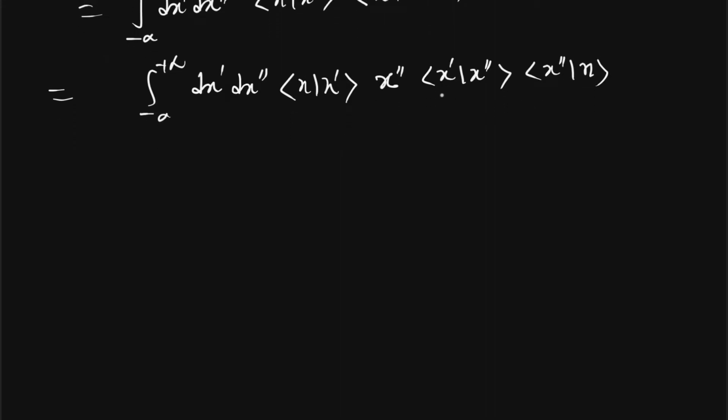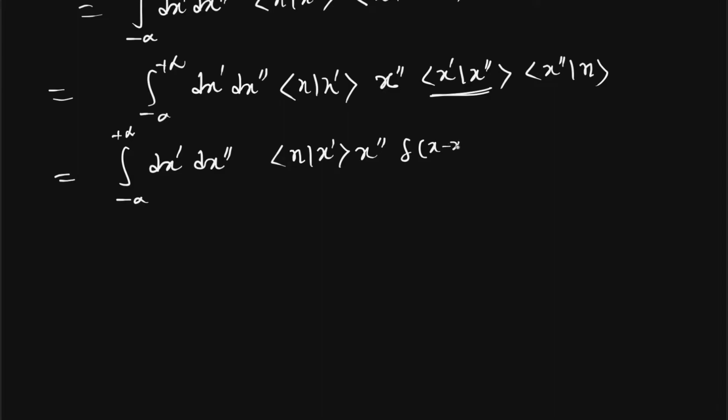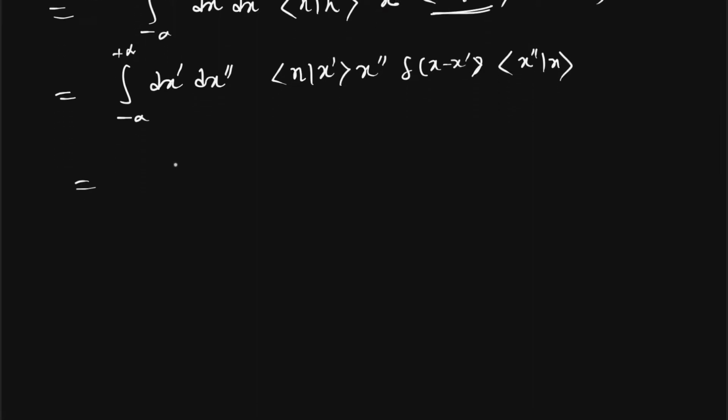And since we know these eigenkets are orthonormal, that means this will be a delta function, δ(x'' minus x'). So this gives the integral dx' ⟨n|x'⟩ x' ⟨x'|n⟩.